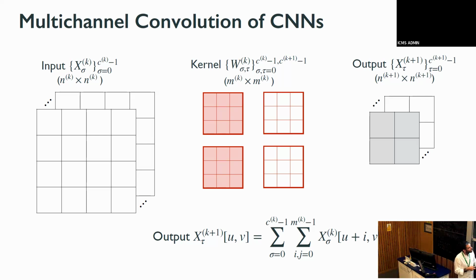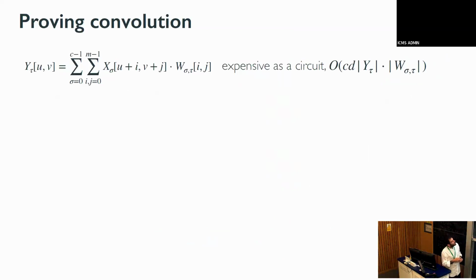And this is what you compute. So for one output channel, you compute the convolution operation that I had in the previous slide. Now this means that what we want to prove is this kind of operation. And the observation is that if you want to write this as a circuit, it can be very expensive.